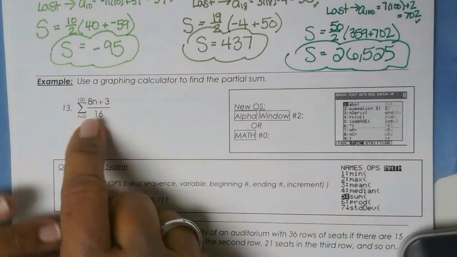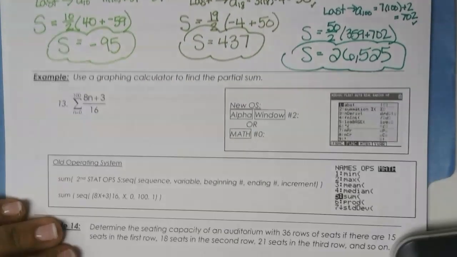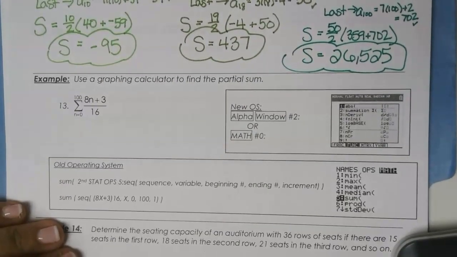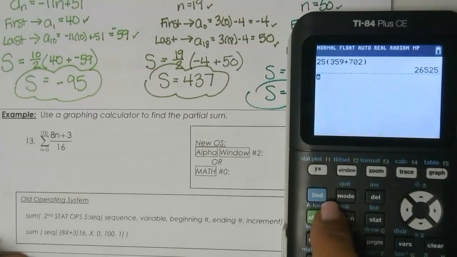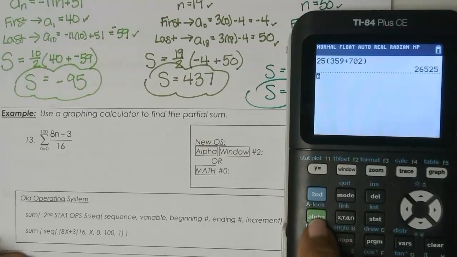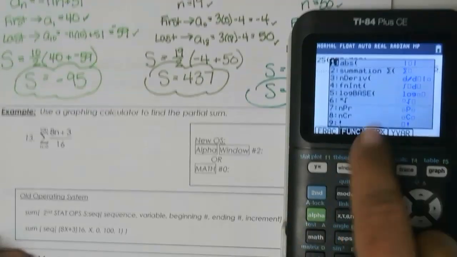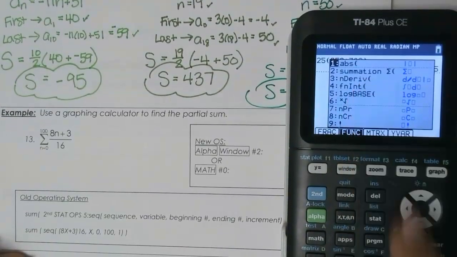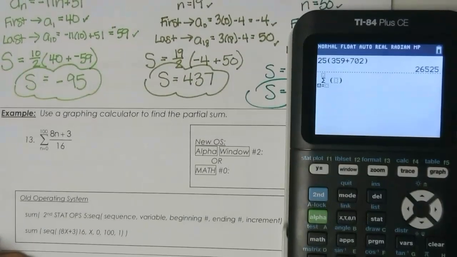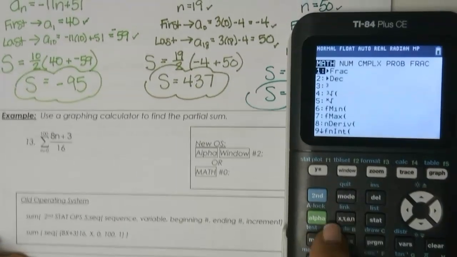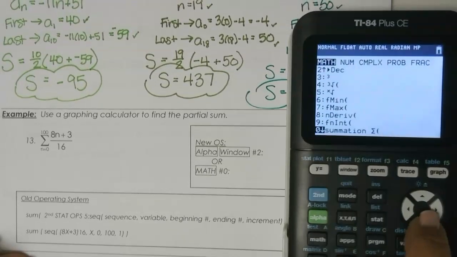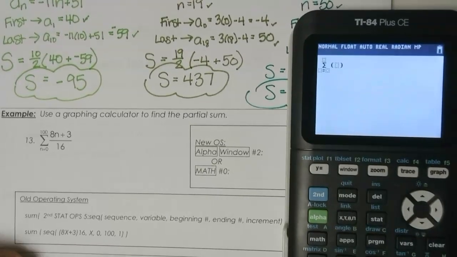What we're going to do is look at the new operating system. What we can do there is you can either go to Alpha, which is down here, Window, and then this number 2 for summation, okay? Or you can go to Math and then arrow down to 0 for summation.